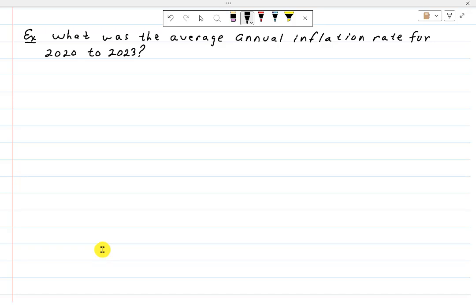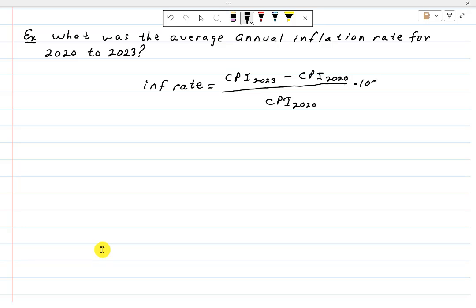So what we could do for this, remember the inflation, and you could do it for more than 1 year. It's just we'll have to divide by the number of years when we're done. We'll do CPI 2023 minus CPI 2020 divided by CPI 2020 times 100%.